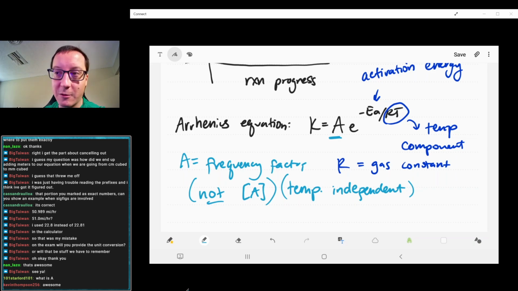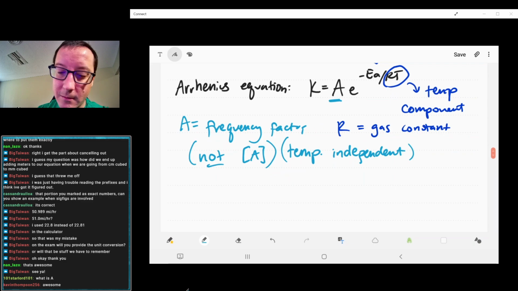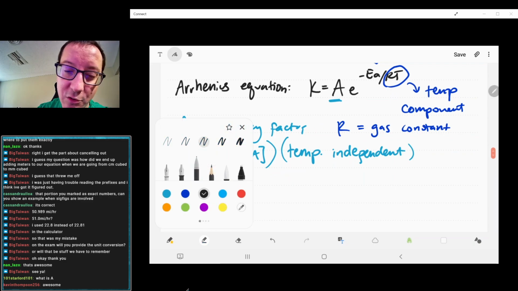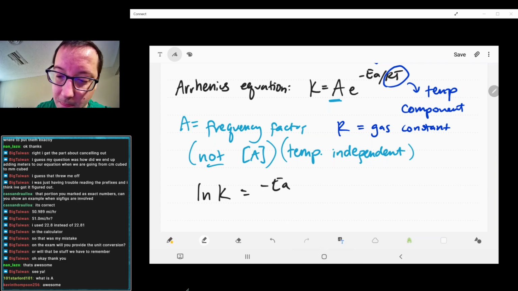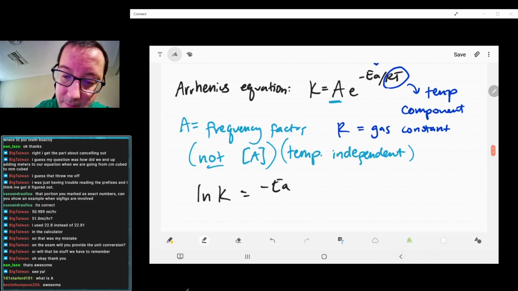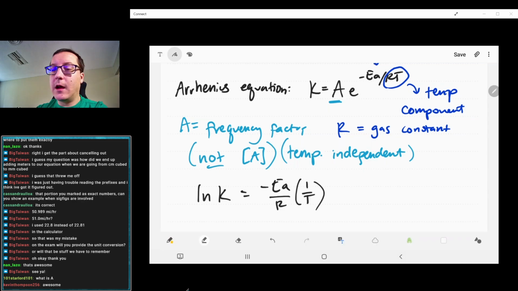If we mess around with this mathematically, aka just take the natural log of this thing, we're going to see that the natural log of our rate constant, let's see, what am I missing here? Oh, natural log of A, of course.